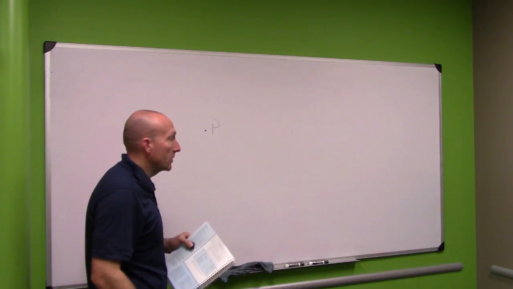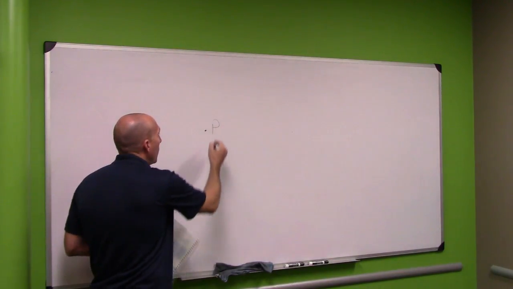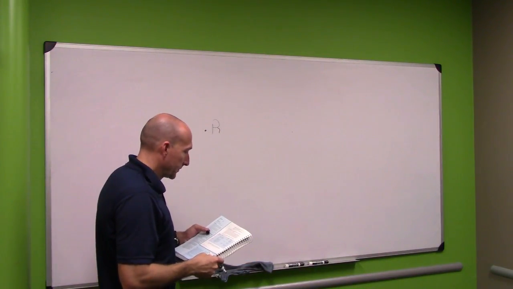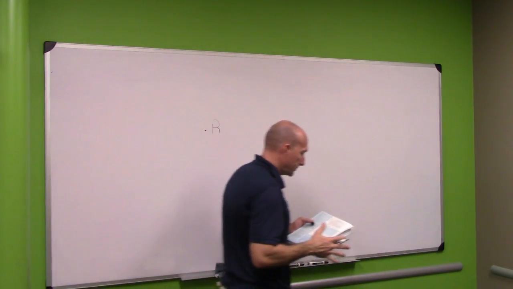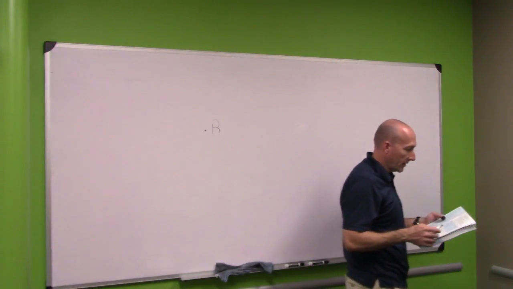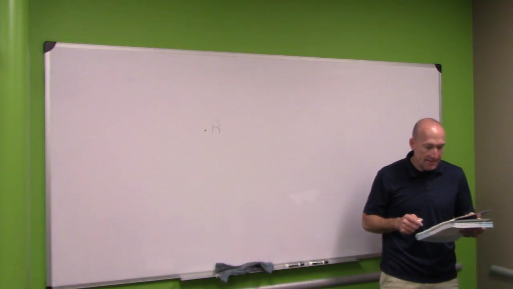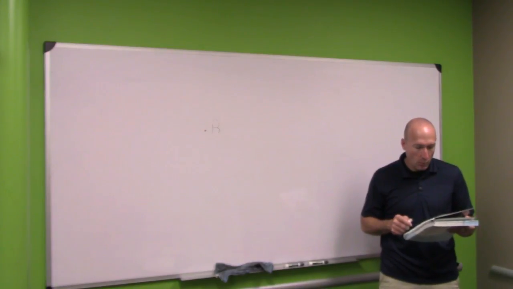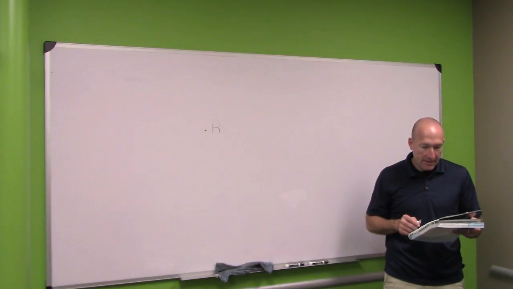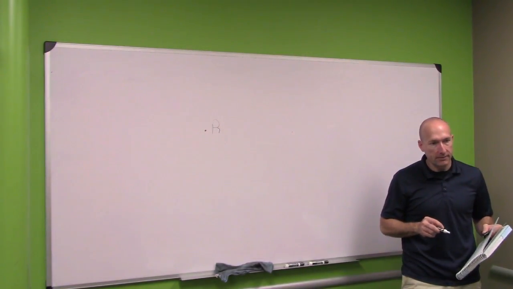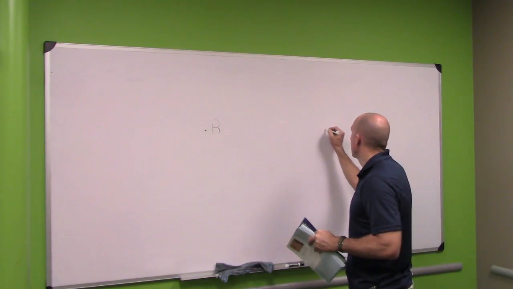Okay, so it's point P. Okay, or point R, if you want to do that too. Point R, doesn't matter. Now a line, or a straight line, is an object that extends indefinitely in one direction or in one dimension, has length but no width or thickness. Okay, so here's a line.